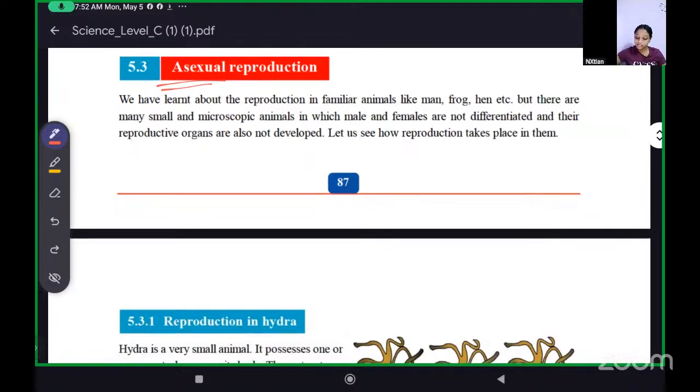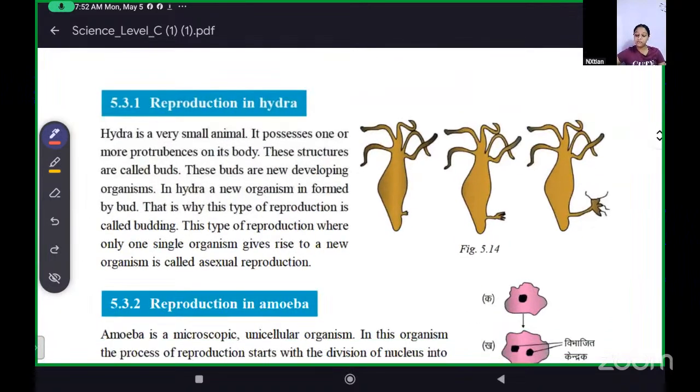How? For example, we have Hydra. In Hydra, how does reproduction take place? They have small protuberances, or buds, in their body, and they grow.